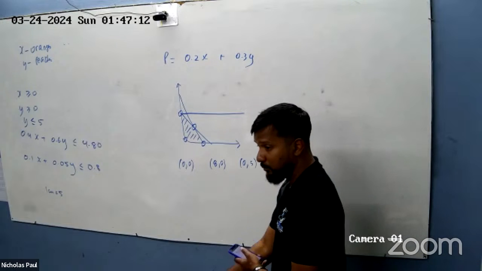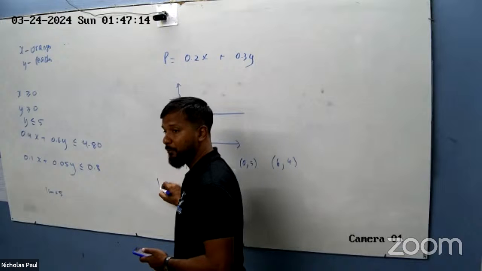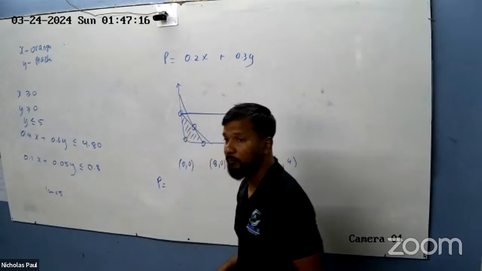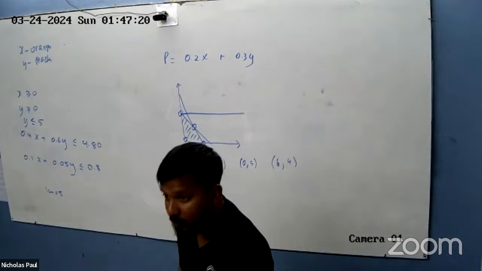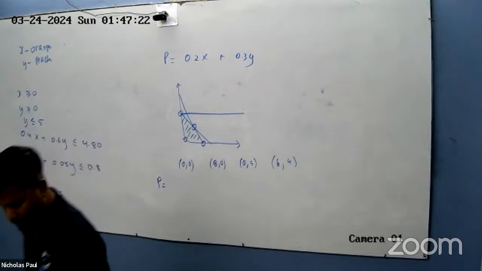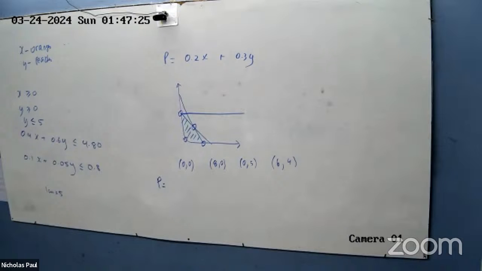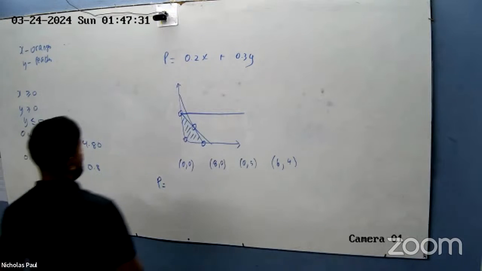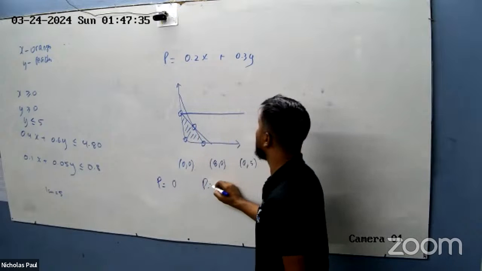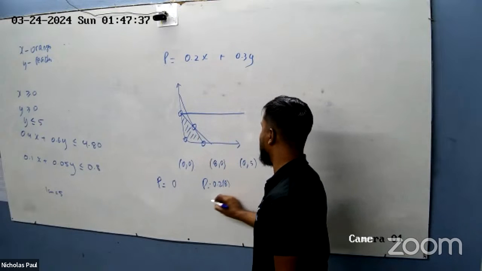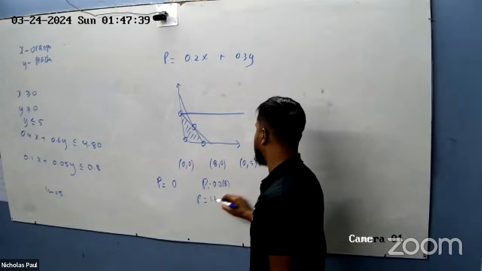I'll work it out. So you're working out the maximum profit. So you're looking to see which one will give you the maximum. So 0, 0, that'll give you 0 here. You will have 0.2 by 8, so that's 1.6.